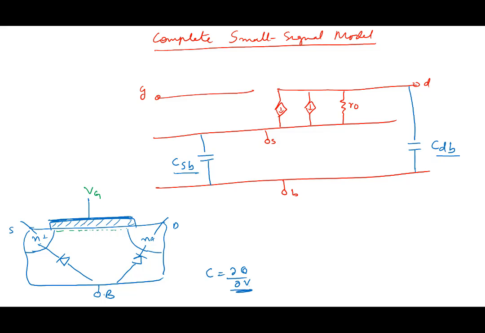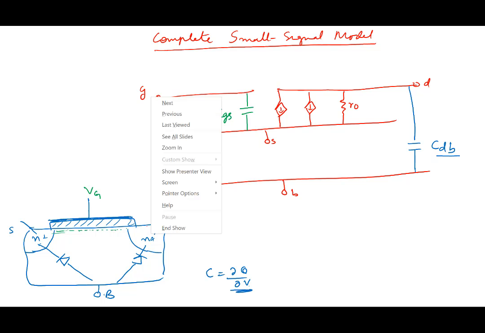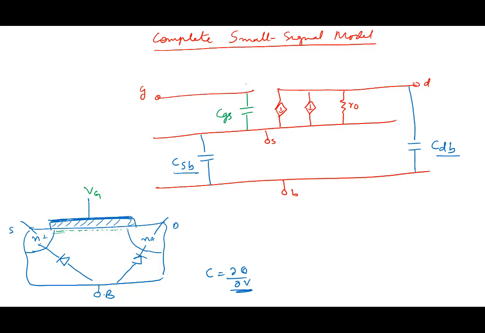If VG decreases, the inversion charge decreases. So there's a capacitance between gate and source. The inversion charge comes from the source here, so there's a capacitance between the gate and source, CGS. And similarly, some of this inversion charge may come from the drain also. So there's a capacitance between the gate and drain, CGD.